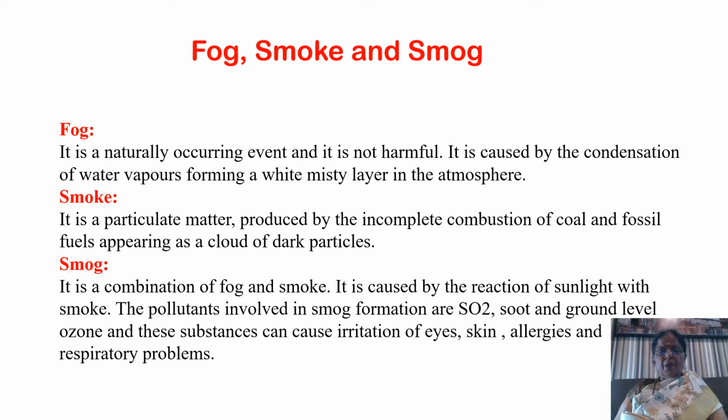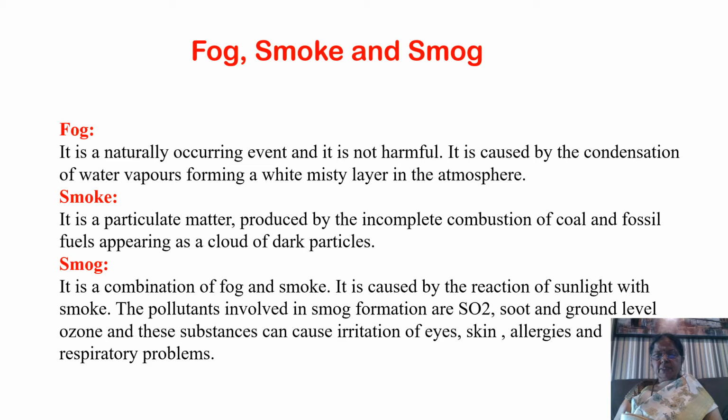Smoke is of particulate nature, and it has a certain size. It is produced by the incomplete combustion of coal and fossil fuels, and it is usually dark in color and causes a dark, black, cloudy atmosphere. That is smoke. And smog is a combination of both fog and smoke. That is why it is called smog.